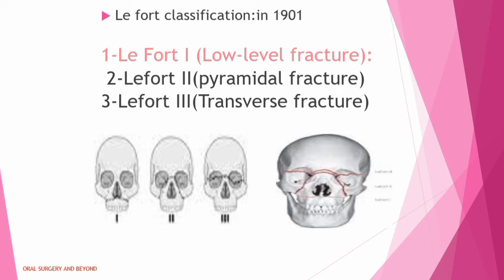Lefort 2 is a pyramidal fracture, and Lefort 3 is a transverse fracture at superior level. Here today we are seeing in detail Lefort 1 fracture, which includes only the maxilla at low level.